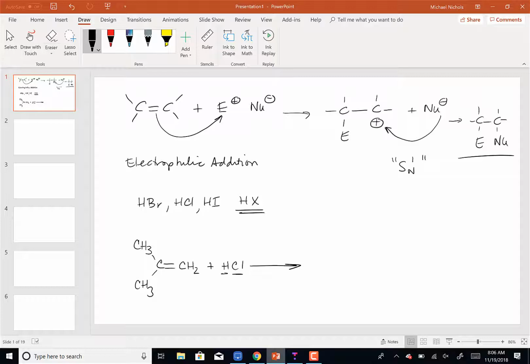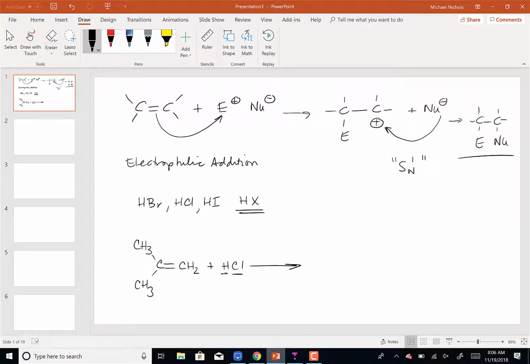Then I'm going to ask, how do you add it? Which is going to involve us talking about Markovnikov and anti-Markovnikov addition. That's the second question I'm going to ask. And then the third question is, how do you add it in terms of stereochemistry?